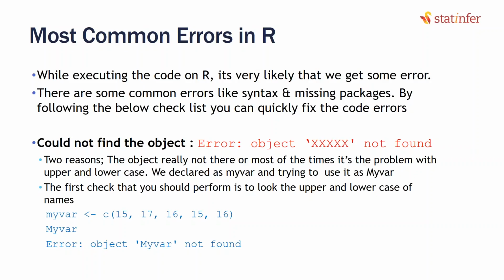Now we will be wondering, anyway this data set is created, there is some problem, but the problem is you haven't taken care of the cases. You might have defined it like this and you are trying to print this, or somewhere else you are referring to this, and the error will come, error myvar object not found.